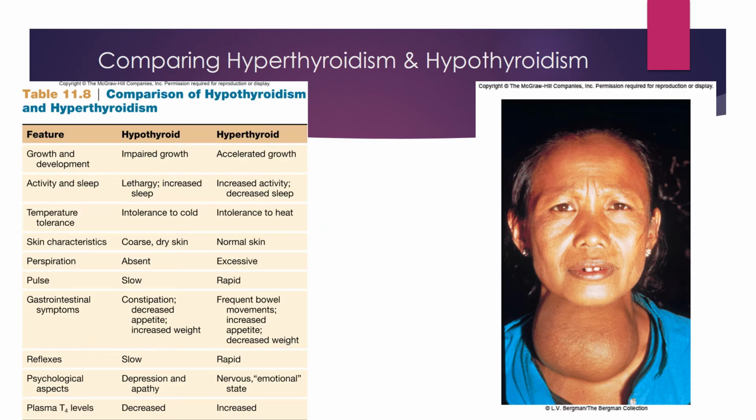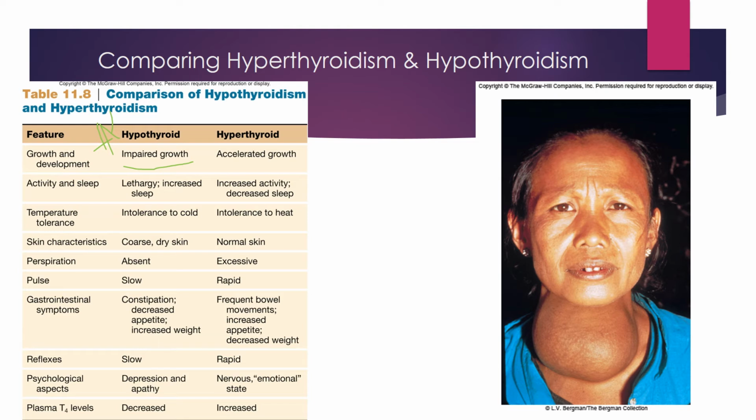When we have dysfunction of the thyroid gland, we go into either hyperthyroidism, which is too much thyroid hormone being produced, or hypothyroidism, which is too little thyroid hormone being produced. So here's a great example of what will happen. Let's look first at hypo, too little thyroid hormone. With growth and development, this will impair growth.